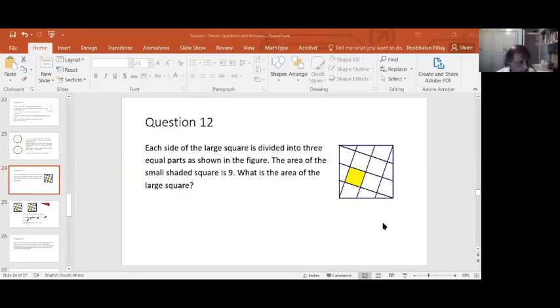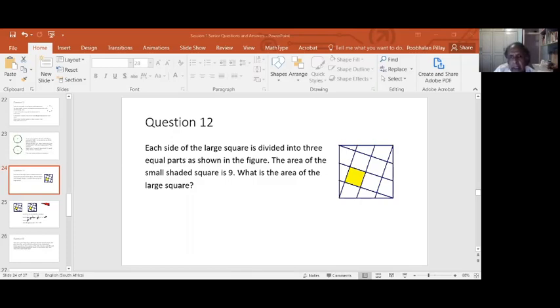All right, now that we've had our short break, let's continue with where we left off. We now proceed to question 12. Question 12 says that each side of a large square is divided into 3 equal parts.